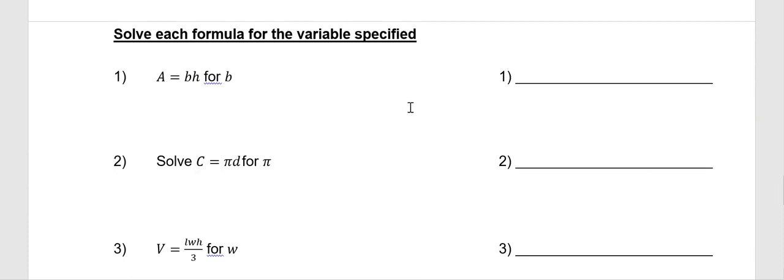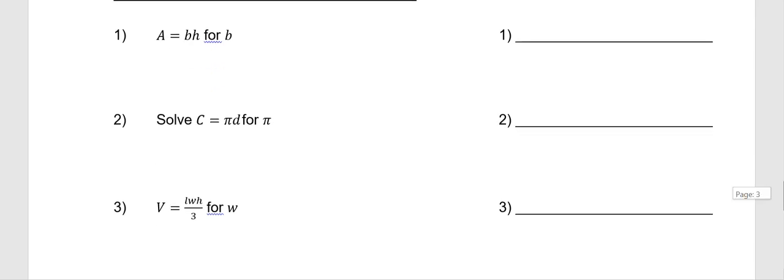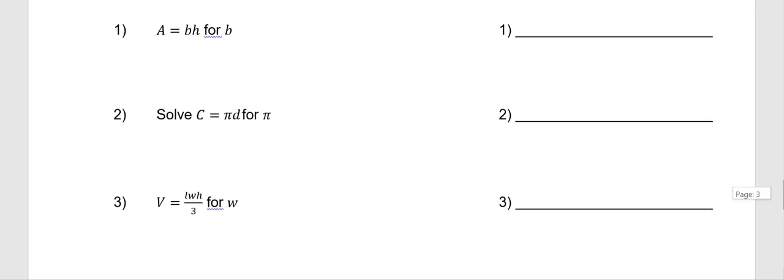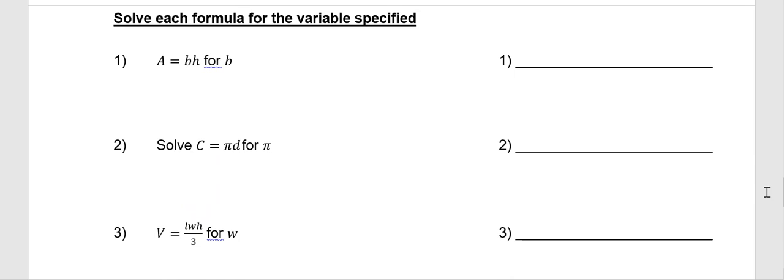These are all literal equations. I think all of them are probably taken from the front side. Any literal equation is designed to be solved for a specific variable. So if you notice the first equation, A equals BH, we probably recognize that as familiar enough.